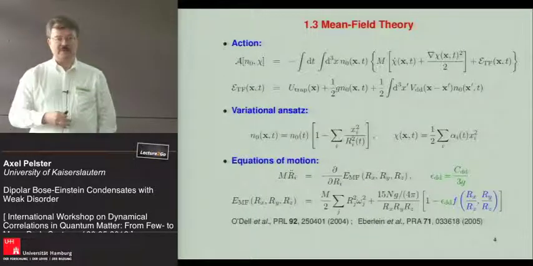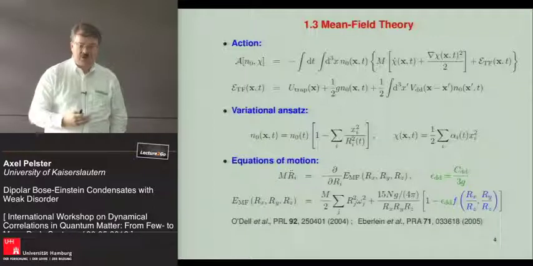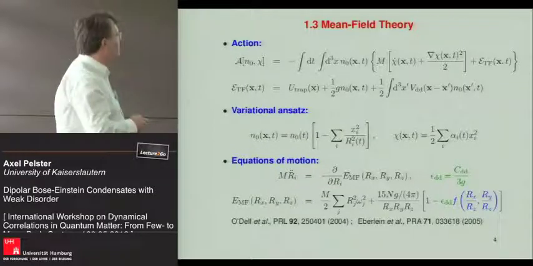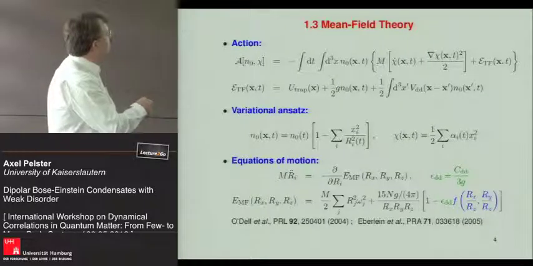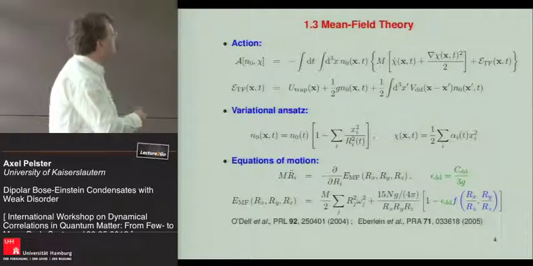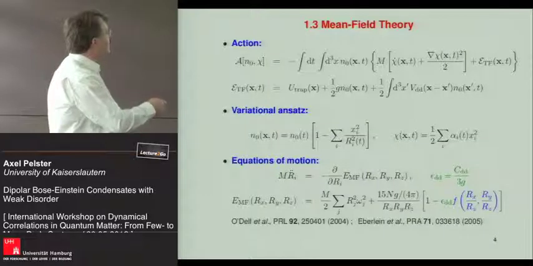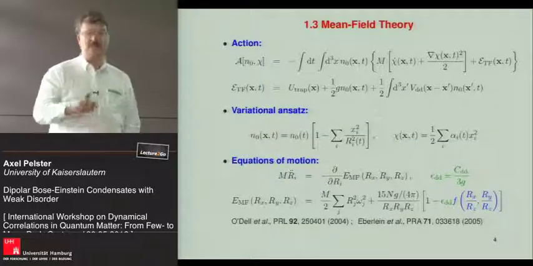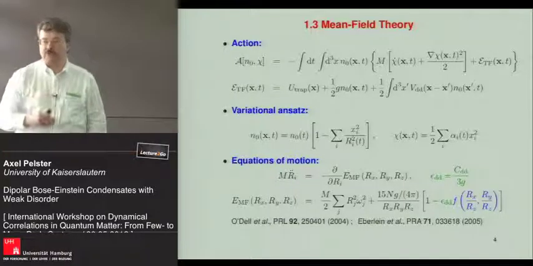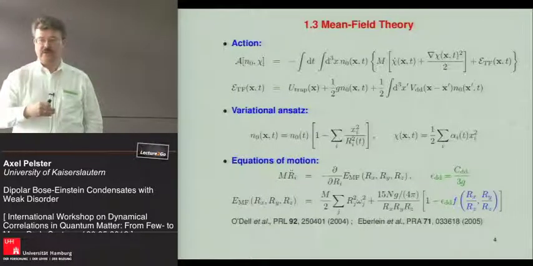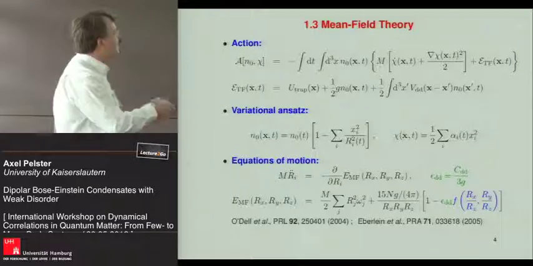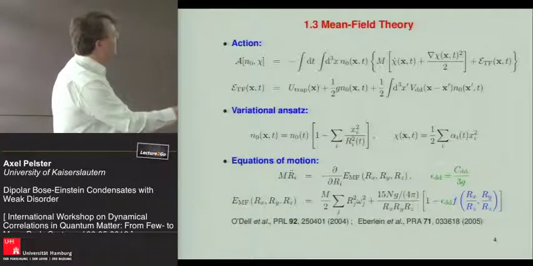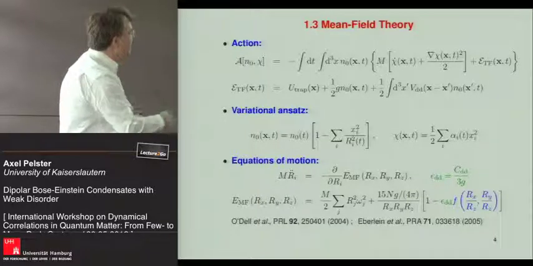In a very simple-minded variational approach, which turns out to be exact in the Thomas-Fermi limit, one can perform a variational ansatz, saying that the condensate density and the phase have just the dependence one would have without the dipolar interaction, by introducing some Thomas-Fermi radii and some parameters alpha.